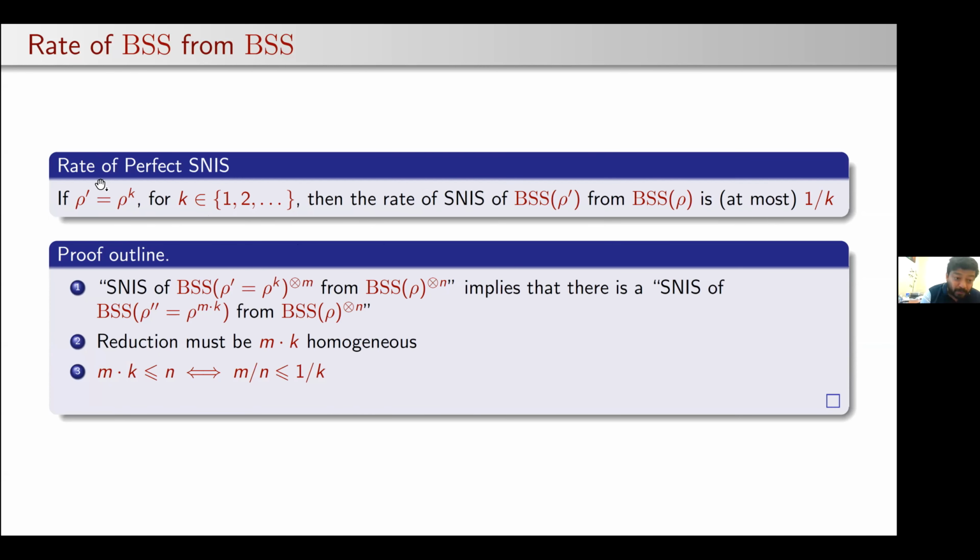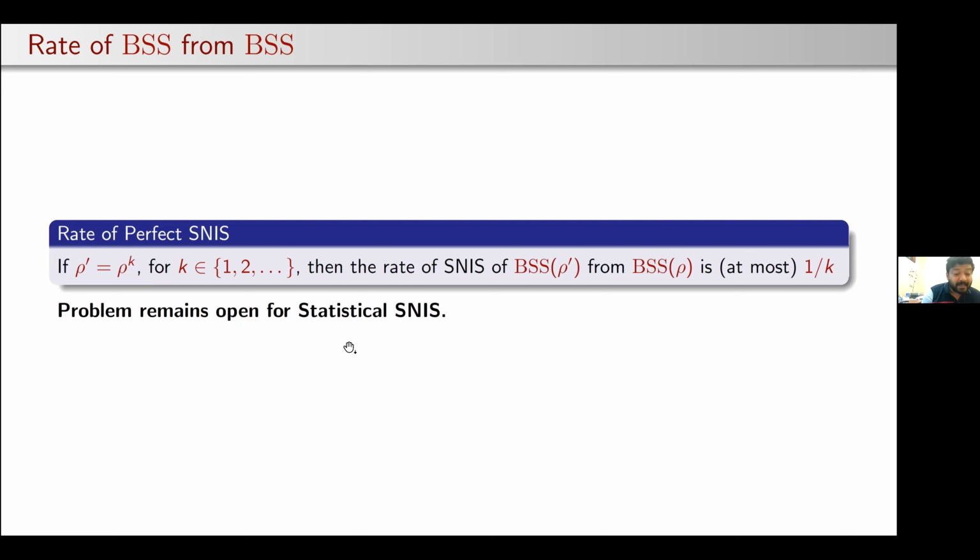However, we prove that if you are considering perfectly secure non-interactive simulation, then it is impossible to break the bound of half, even using non-linear reduction functions.